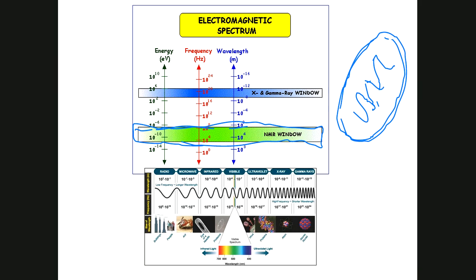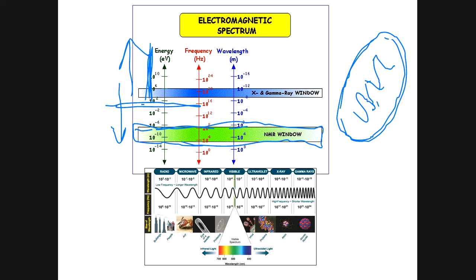It's way below the ionizing. Remember, this is the ionizing energy, so anything above here is ionizing energy. So the energy given off in MRI is much lower than X-ray, it's not ionizing. In fact, it's somewhere closer to, probably even below, visible light.